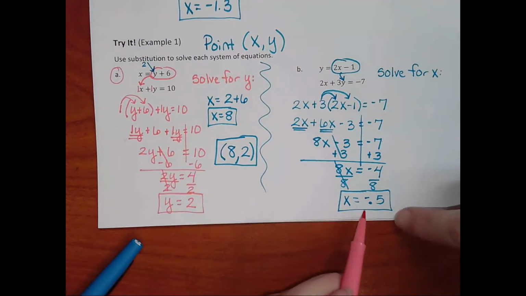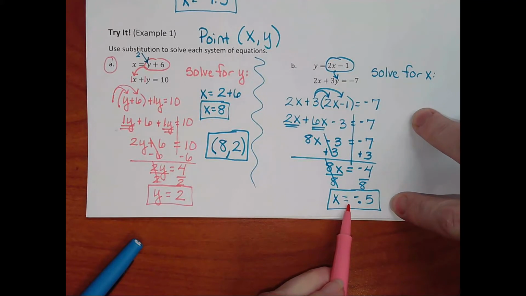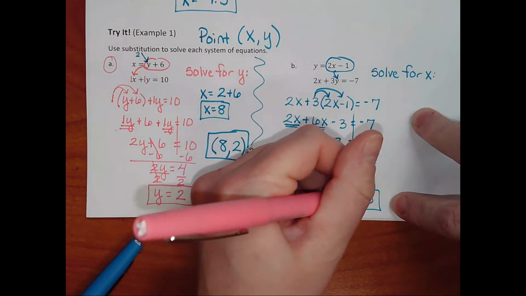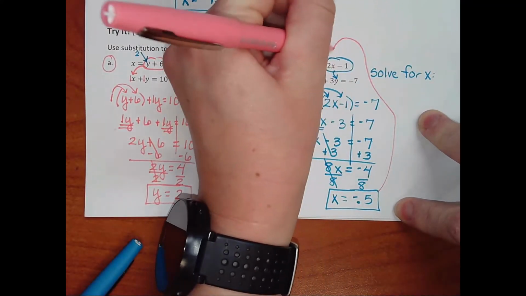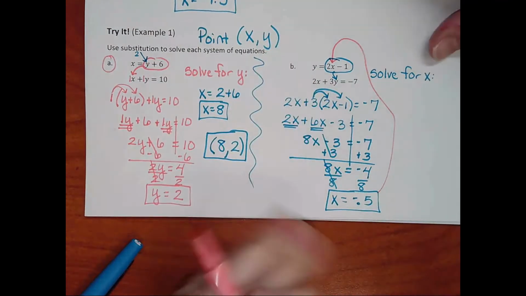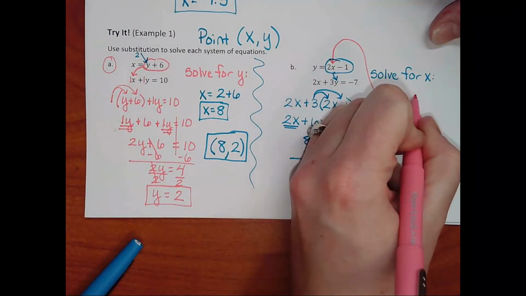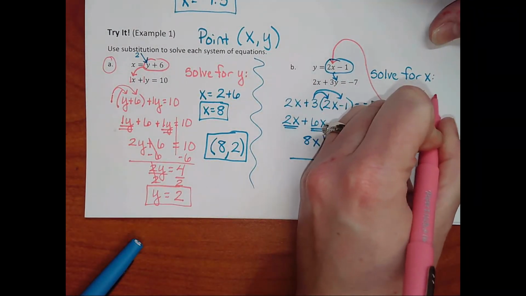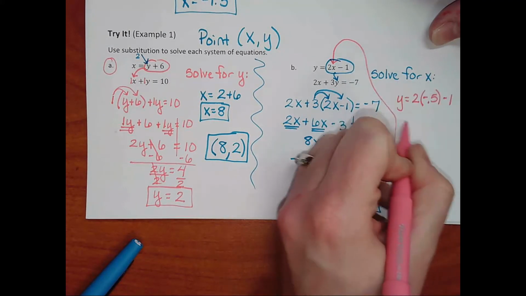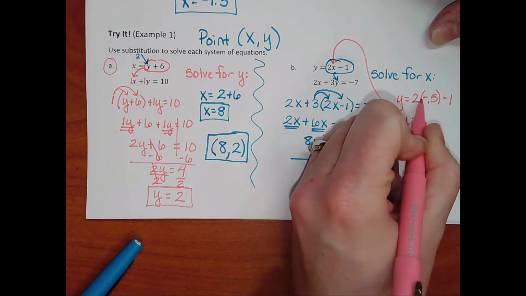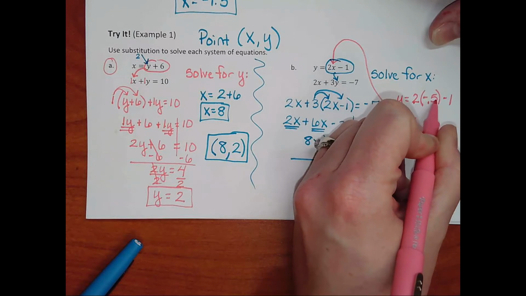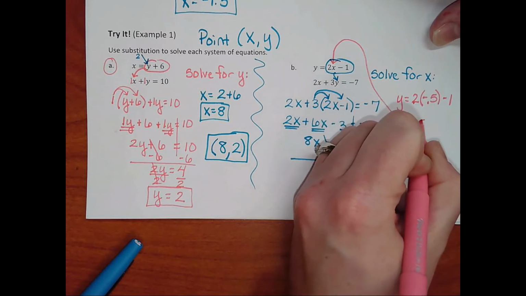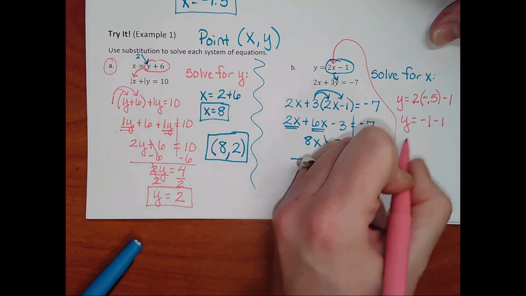For this one, if x equals negative 0.5, I'm going to take that negative 0.5 and plug it in right there. And I have y equals 2 times negative 0.5 minus 1. So I get y equals 2 times negative 0.5 is negative 1, minus 1.